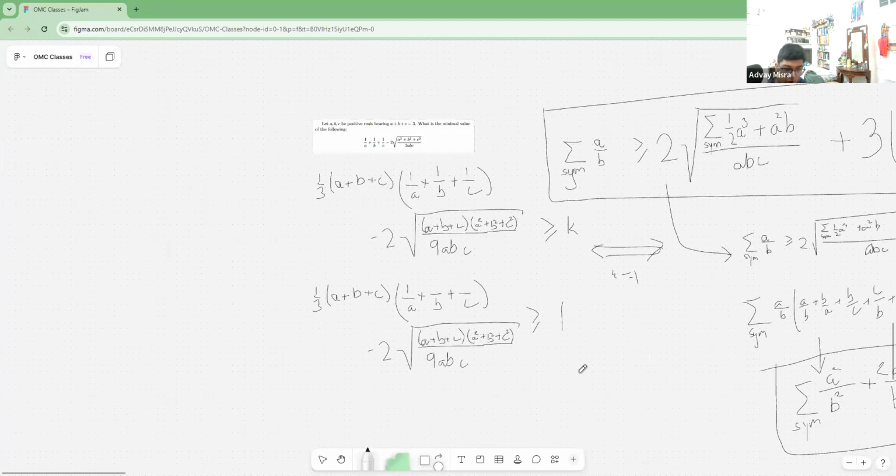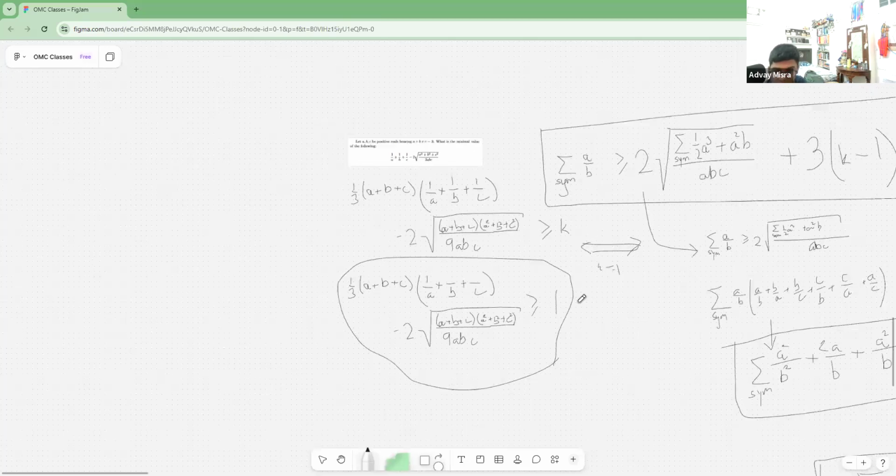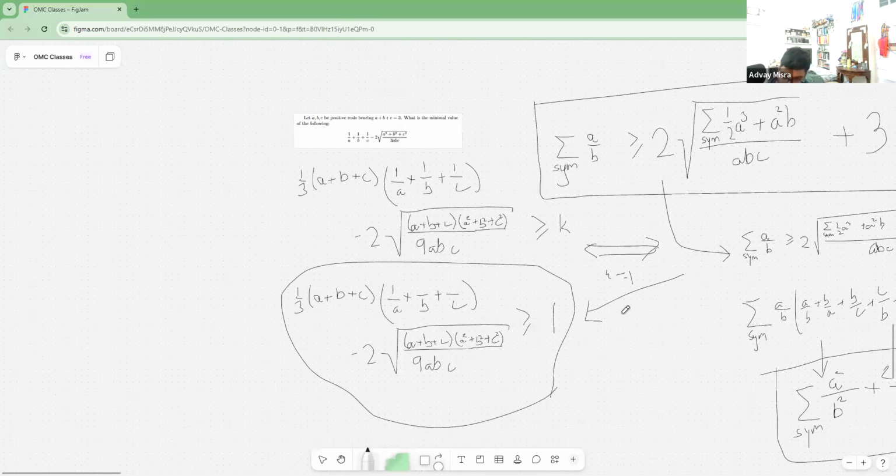So this is the inequality we're trying to show. Ignore the decapitated fractions. And that inequality is equivalent to this inequality by just moving stuff around.